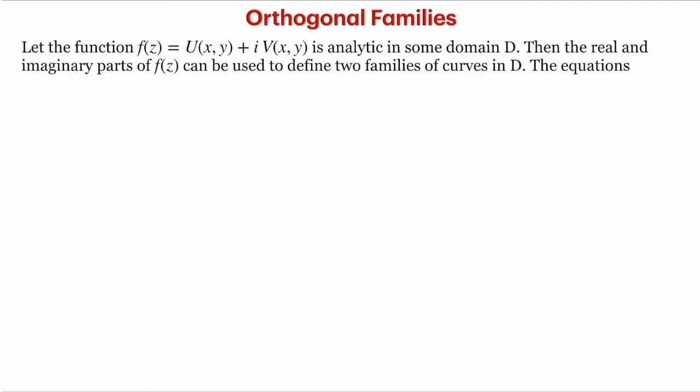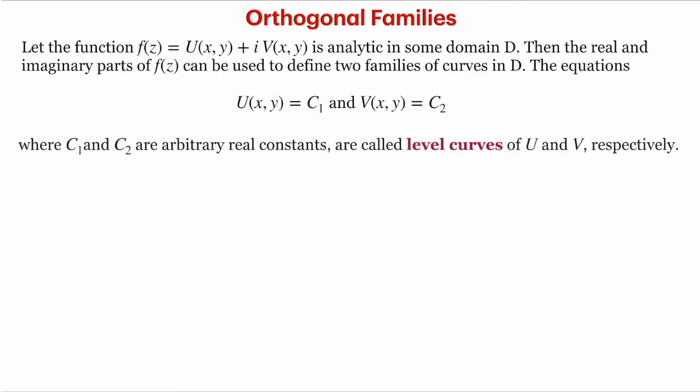Then the real and imaginary parts of f(z) can be used to define two families of curves in D with the equations u(x,y) equals constant and v(x,y) equals constant. The constants are named C1 and C2 here for convenience, and these curves are called the level curves of u and v.